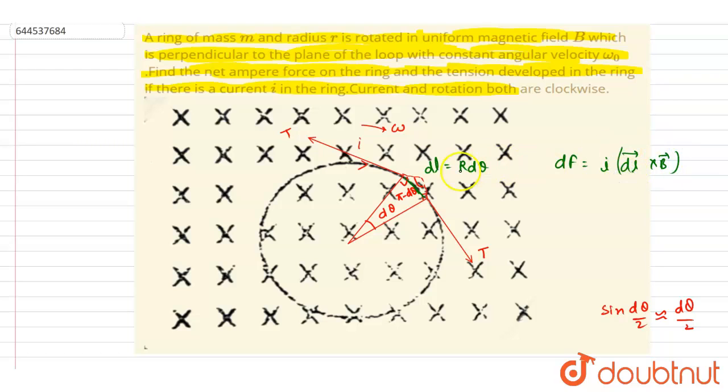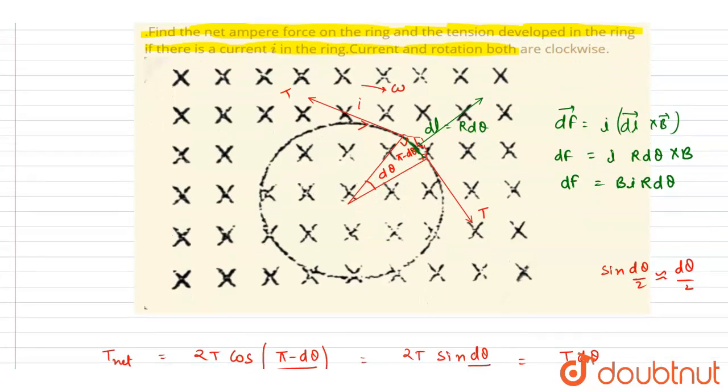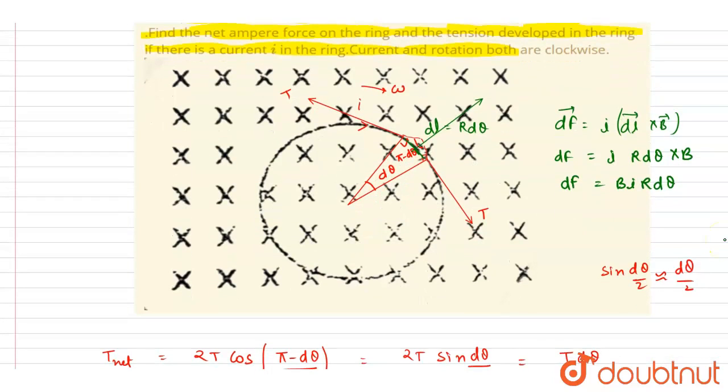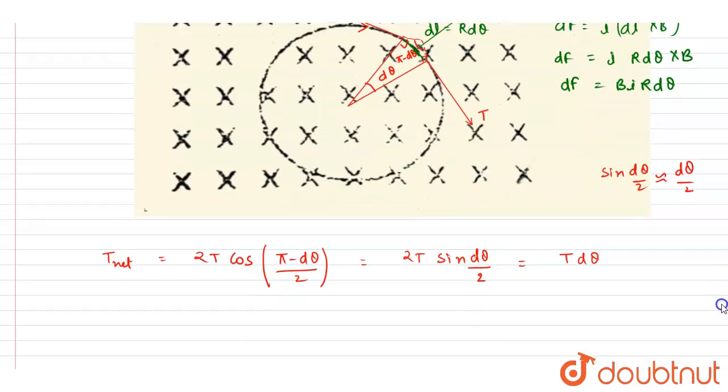Just see here, dl cross B will be directed outward. So we will just write down the magnitude. It will be I dl into B. So dF we got is B I r into d theta. So we got the forces.